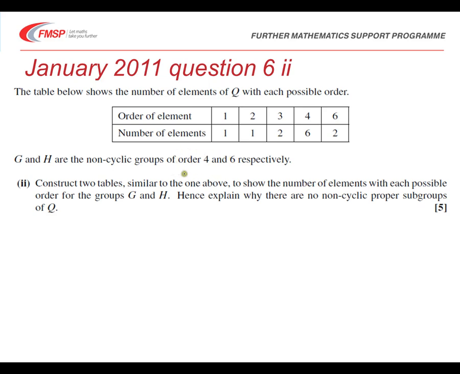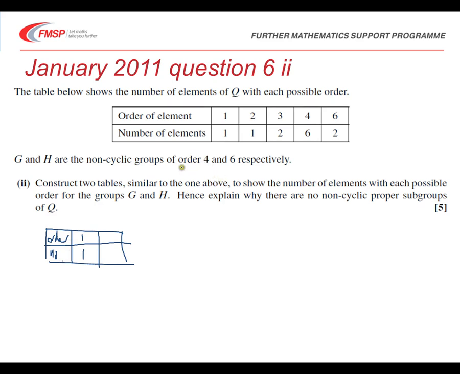You can either have a cyclic group of order 4, or you could have a group where everything is its own inverse. If everything is its own inverse, we're going to have a table where we've got order and the number. Well, there's always going to be one object that is the identity, so there's always going to be one object of order 1.